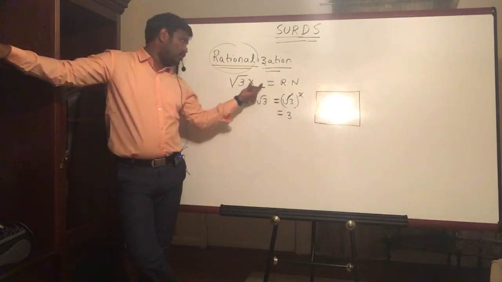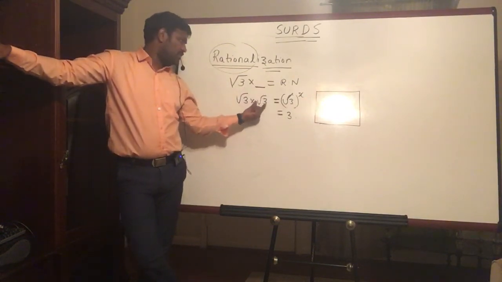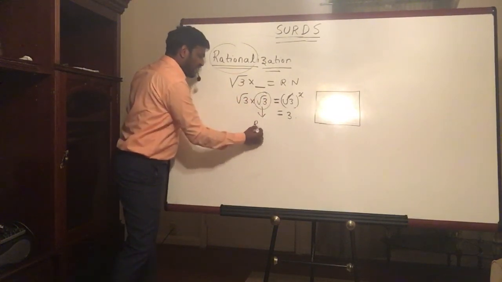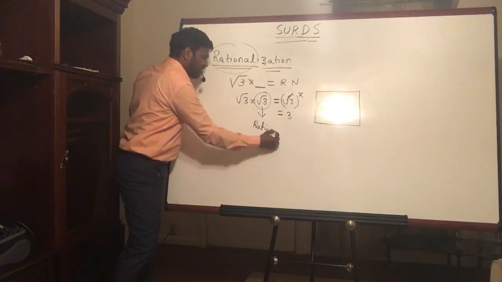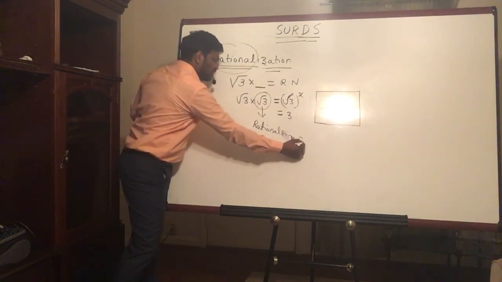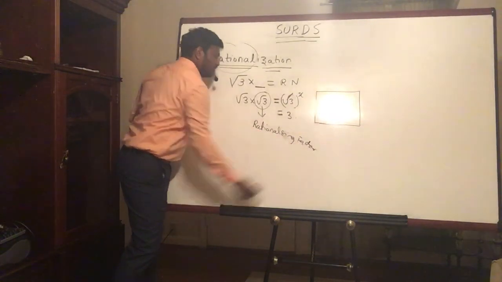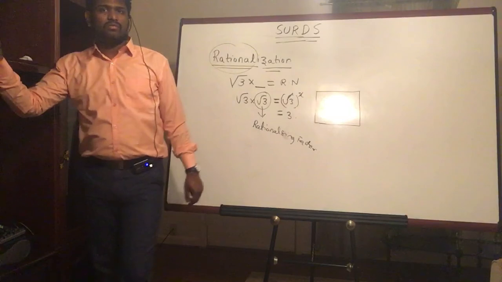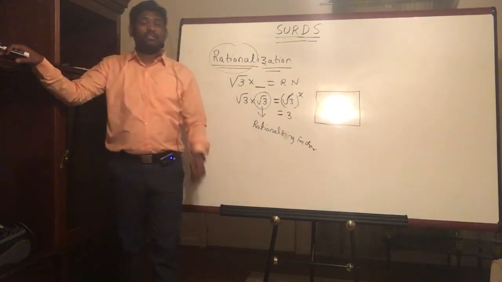And the number which you are multiplying, that is nothing but here we have multiplied, that is called the rationalizing factor. Okay, right? That is called the rationalizing factor.